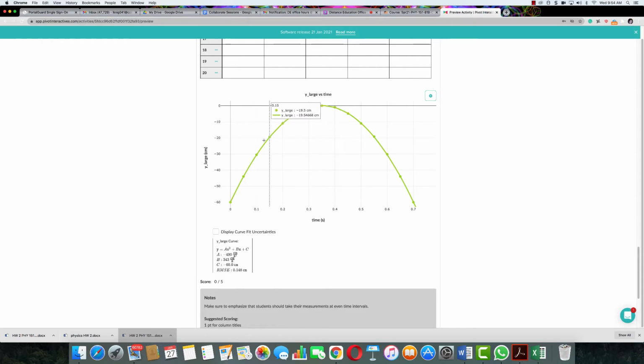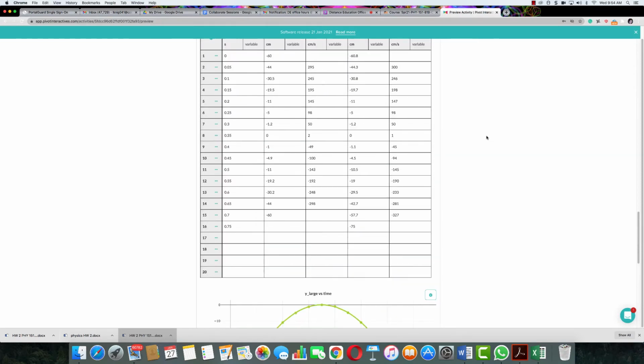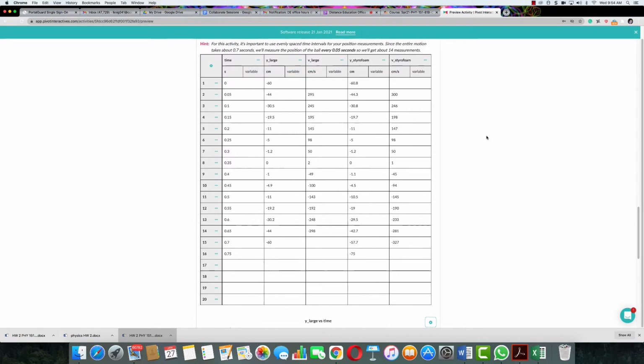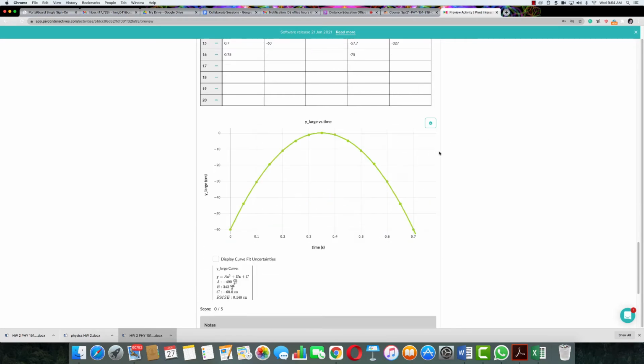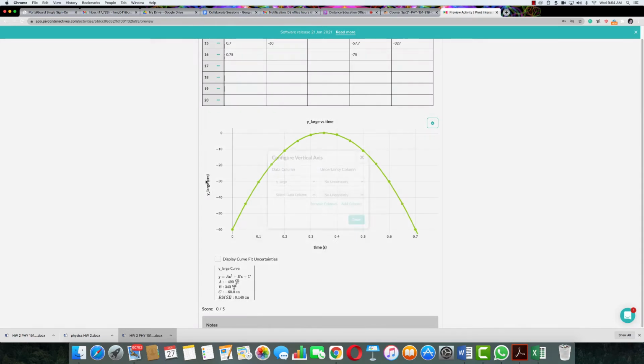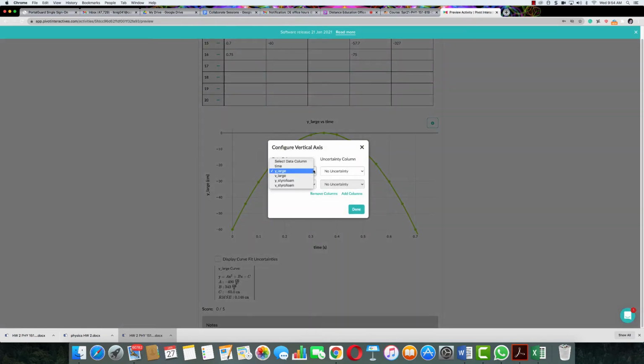Now, I could have created a velocity graph. I would have to calculate my velocities, and instead of putting position on the y-axis, I put velocity on the y-axis.